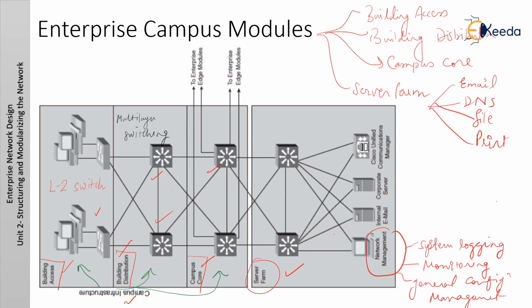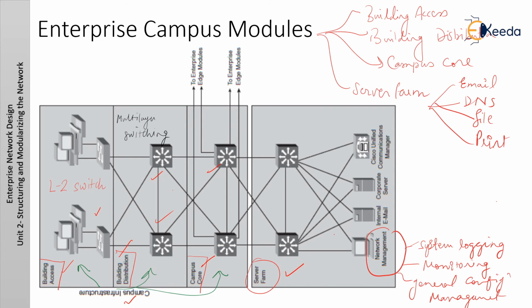So in this campus infrastructure module, the design consists of several buildings connected across a campus core. The campus infrastructure module connects devices within a campus to the server farm and enterprise edge module.